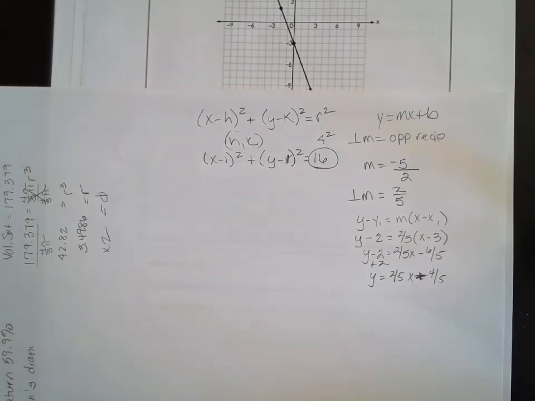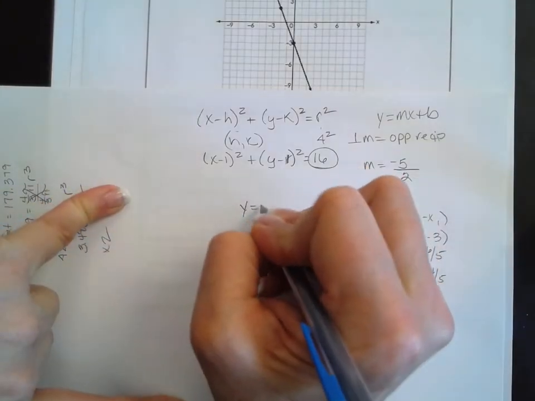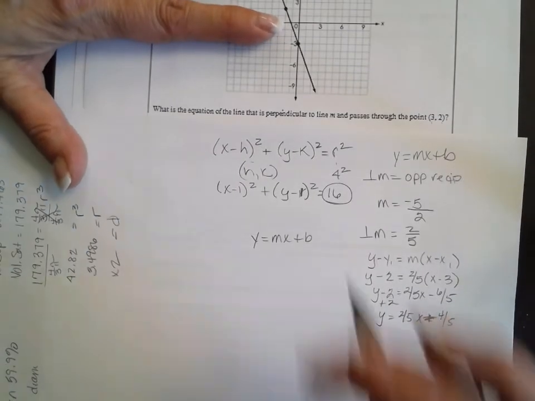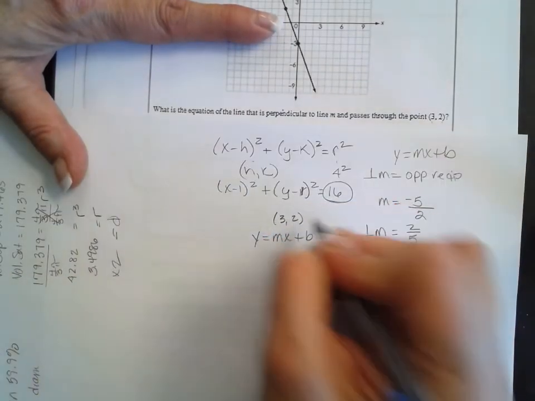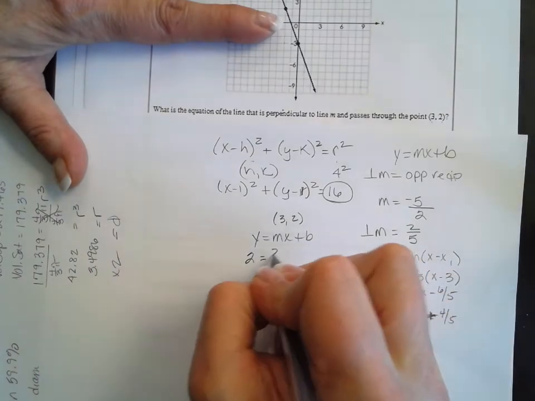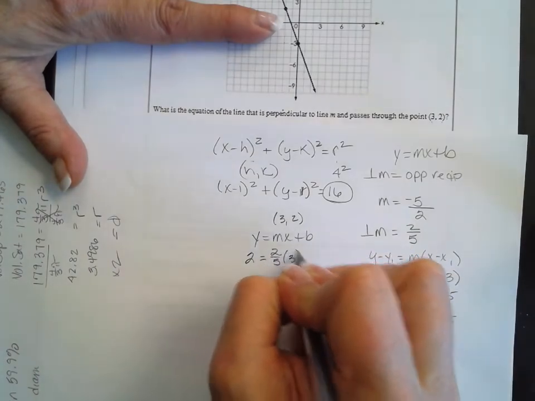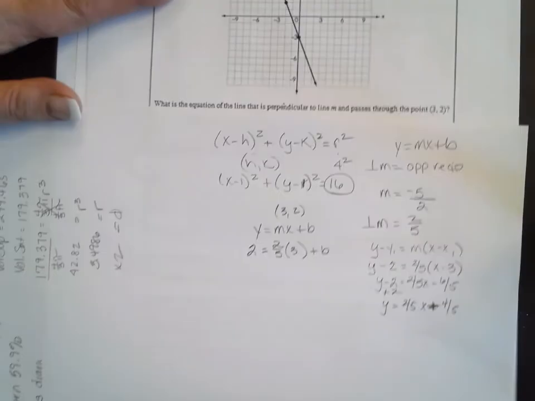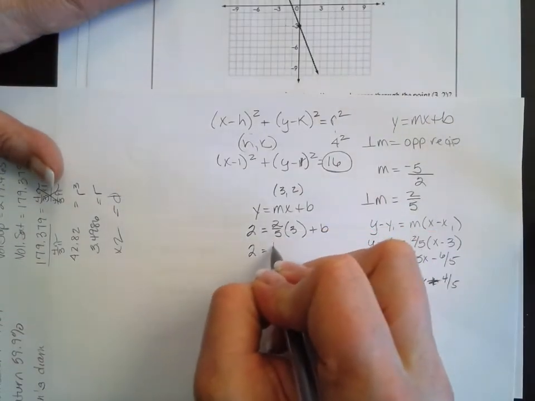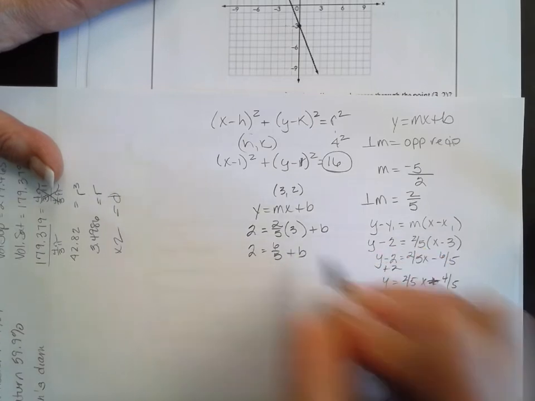Now, what if you don't remember point slope formula? What's another way to solve it? Any ideas? You can use slope intercept form because we have this point 3, 2. And so I could say 2 is equal to my 2/5 times 3 plus b. And so I get 2 is equal to 6/5 plus b.